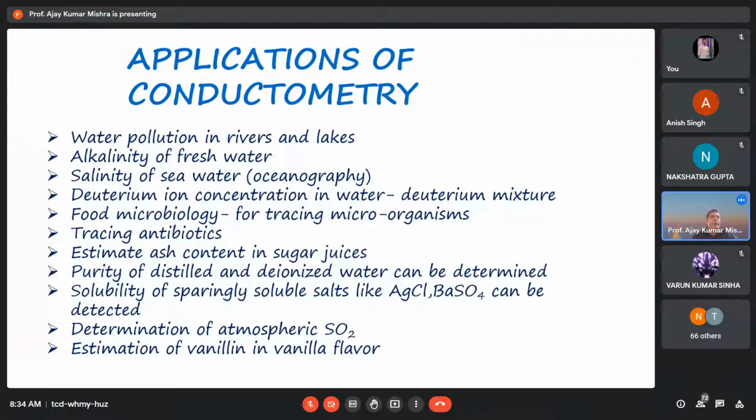So the first application is water pollution, and I put more emphasis on that because that is our research area, where we try to see how we can provide solutions in terms of purifying. There are very different ways of purifying water. It's not like only boiling.